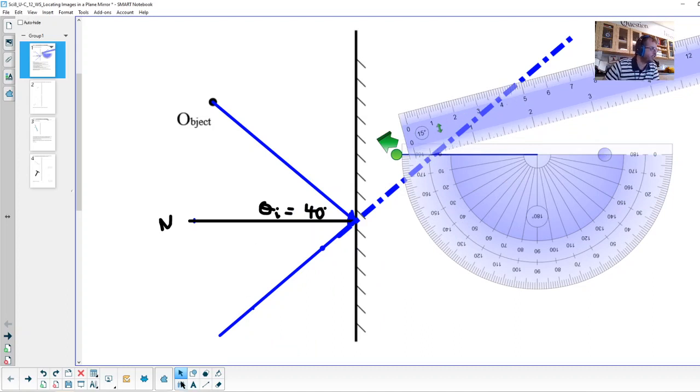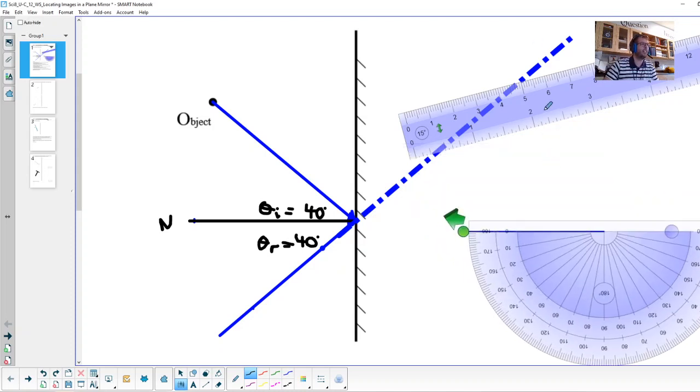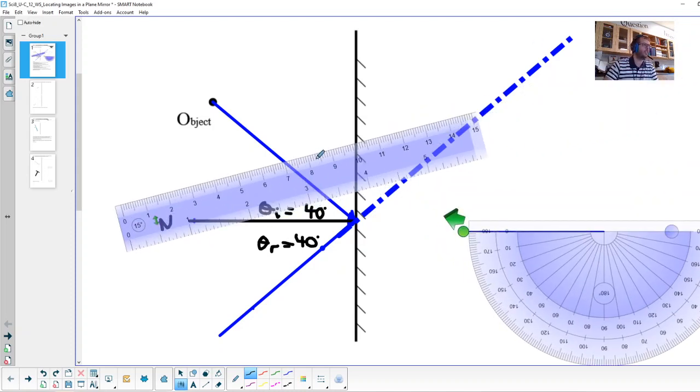Now, just to label this properly, this is my angle reflected equals, that's a terrible equal sign, 40 degrees. We're basically going to do this all over again, but this time we are going to use a different angle of incidence.